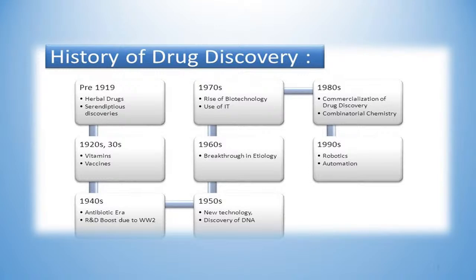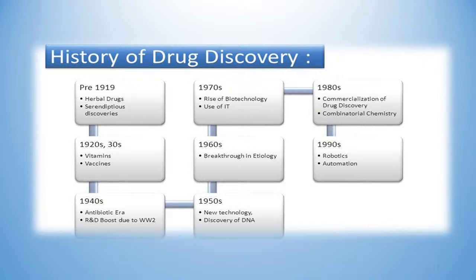And in the 1920s and 1930s, there was the discovery of vitamins and vaccines. Vitamins D, E, K were discovered in the 20s and 30s, and vaccines in 1923, the diphtheria vaccine. Later in 1924, the scarlet fever vaccine, and everyone knows about tetanus, right?